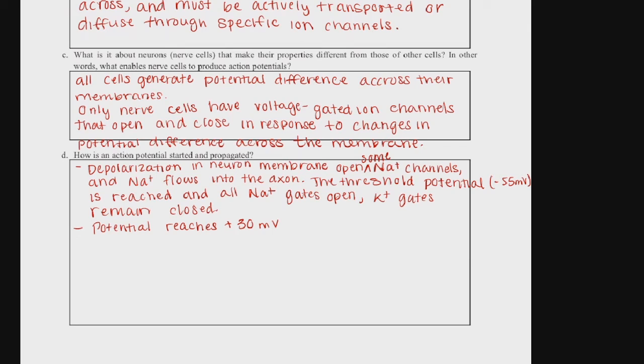And this is looking at that squid axon. So we reach our threshold, all the sodium gates open, they rush in, and we see this kind of leveling off. Then it reaches that positive 50, and that's when the potassium gates open.